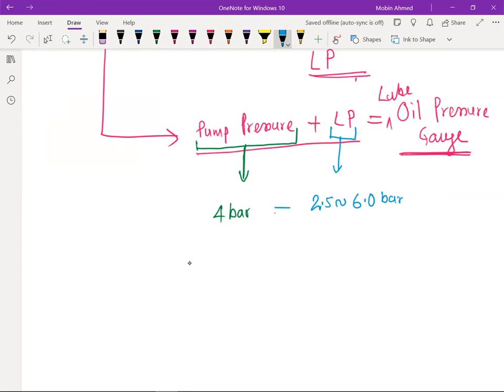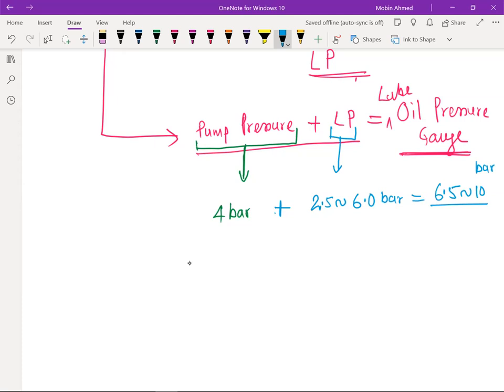That means the output I get here on the lube oil pressure gauge is always going to show 6.6 bar to 10 bar. So this is going to vary, because this is fixed and this is variable.